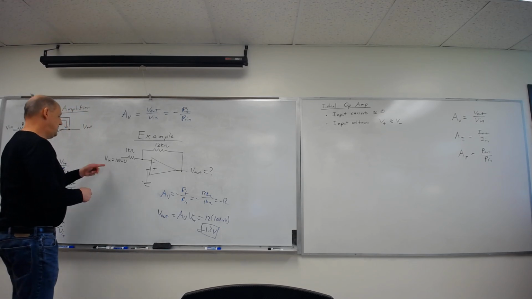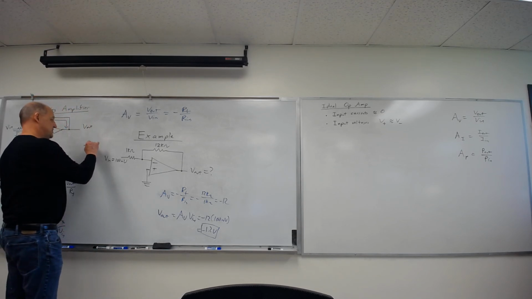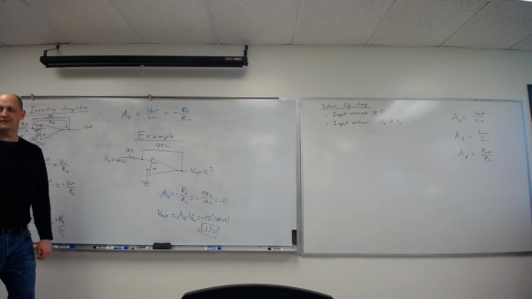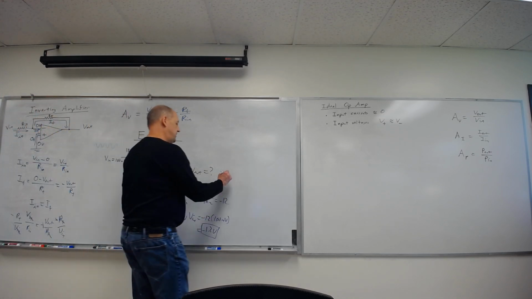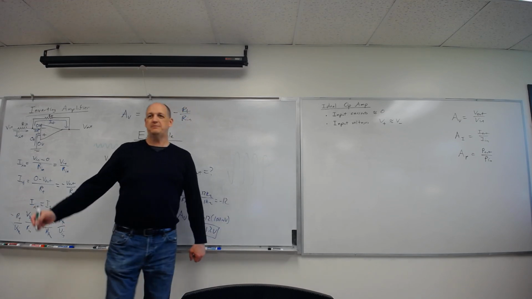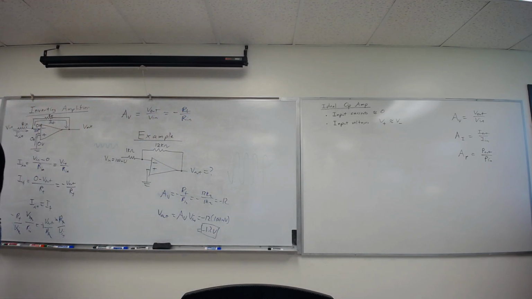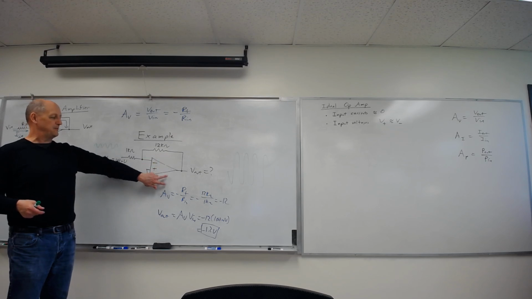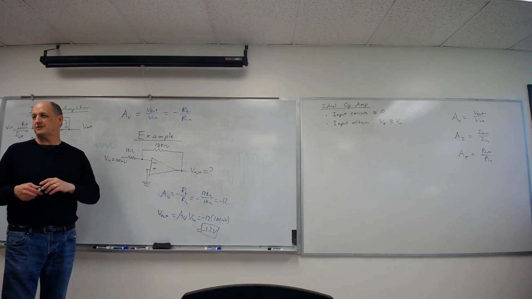If my input here, instead of just being a DC voltage, was an AC voltage, my output would be 180 degrees out of phase and 12 times bigger. Only it won't be if the voltage ends up going past the rail, what we call the rail voltage, the supply voltage.